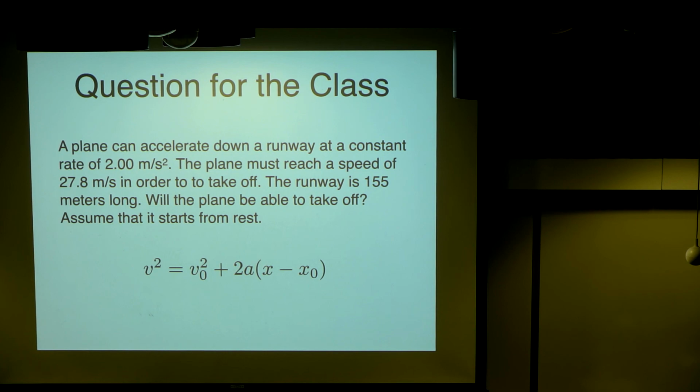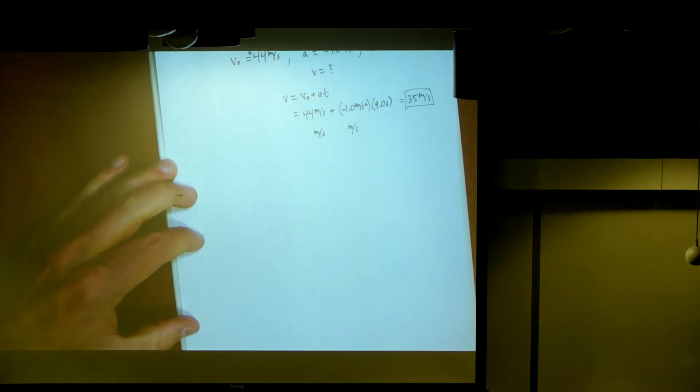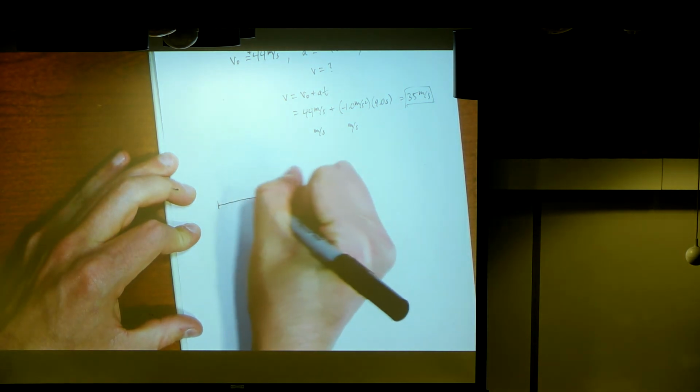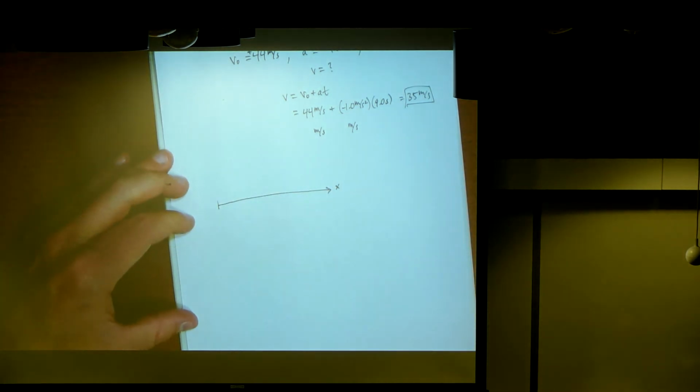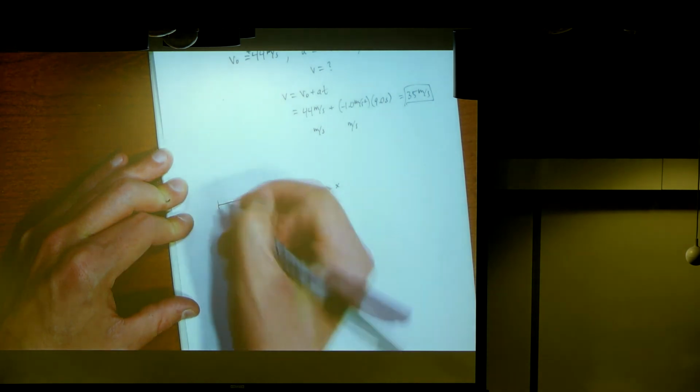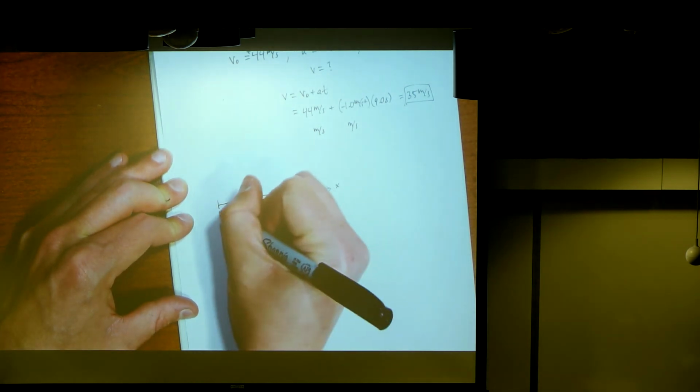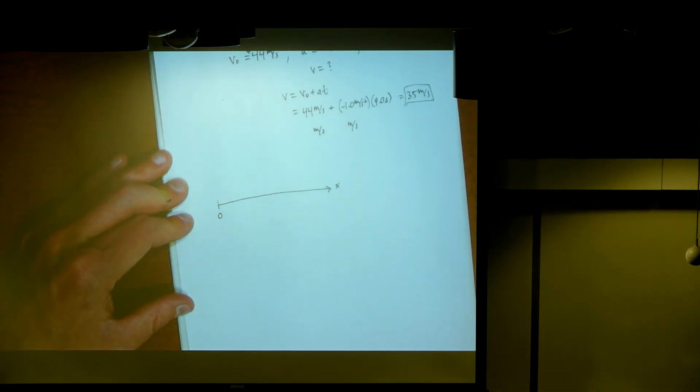So here, for this one, I'm going to actually draw a picture. So here's the x-axis, which represents the runway that our plane is going down. And I'm going to call this position right here x equals 0.